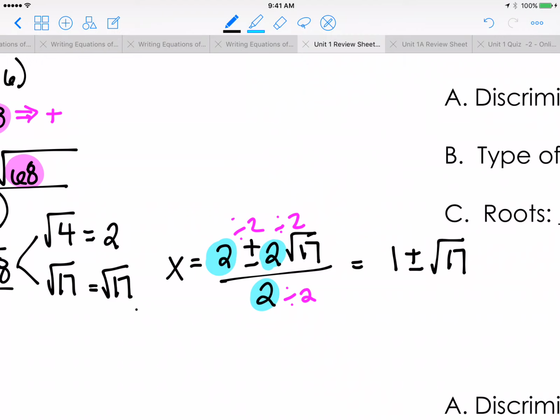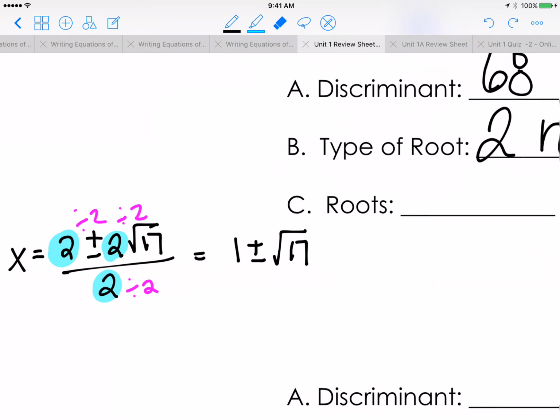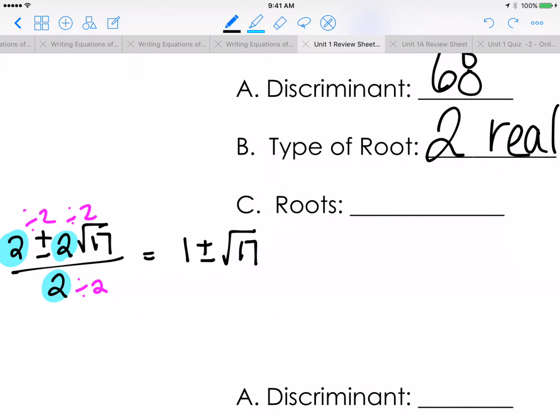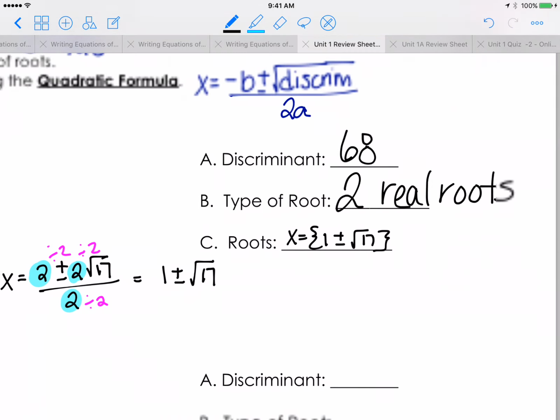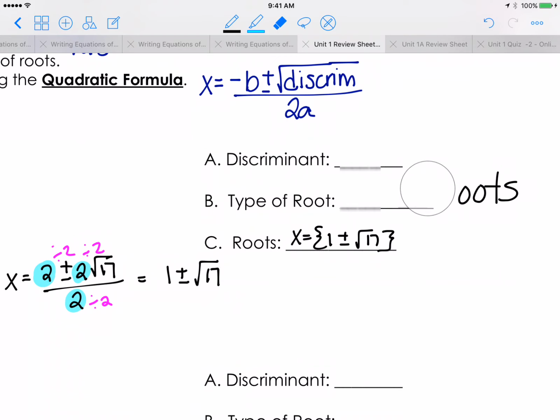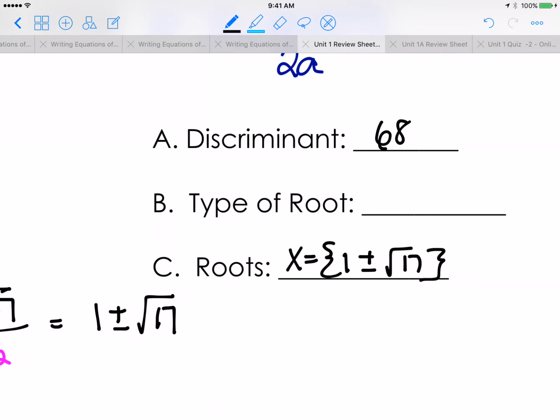Square root of 17, because 2 divided by 2 is 1, all over 1. But we don't need to put that all over 1 because it's not necessary. So our roots here are x equals 1 plus or minus the square root of 17. And there you go. So the discriminant is 68 and 2 real roots.